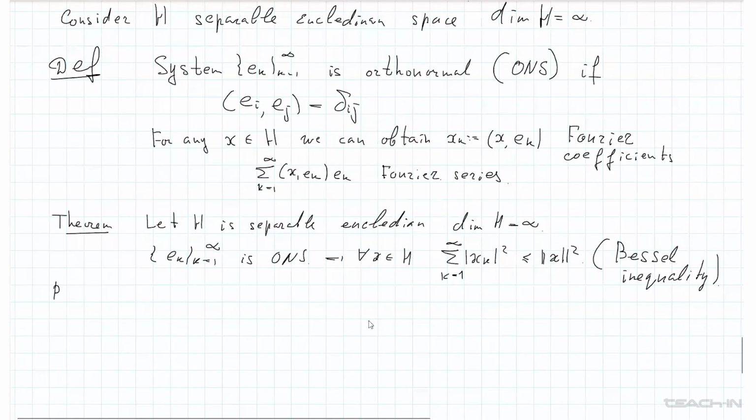Proof. I begin with some additional statement. It's like a lemma. It is simple, but it is important. We will use it many times. Define x sub n, with index up, as the partial sum.